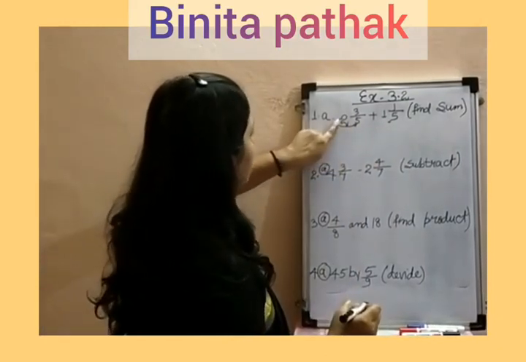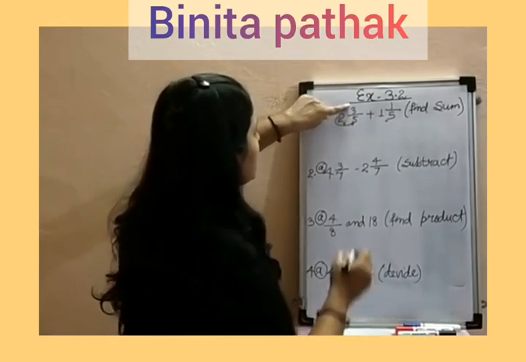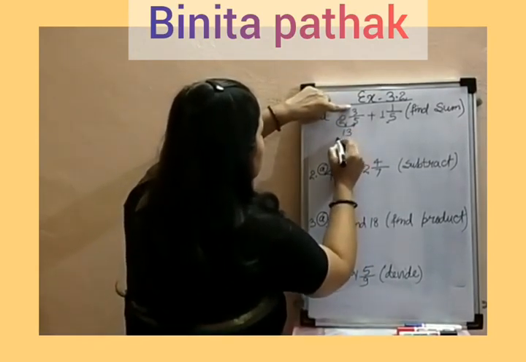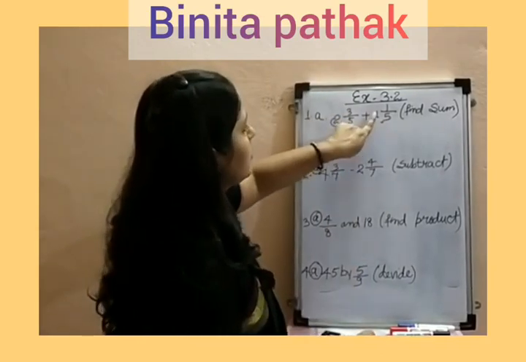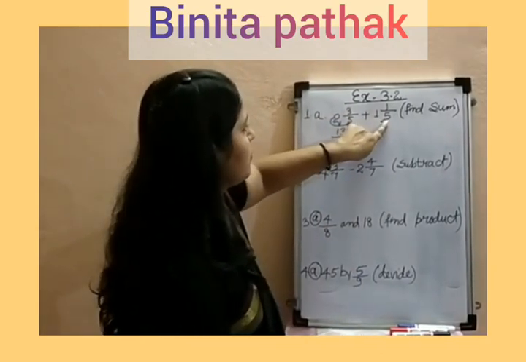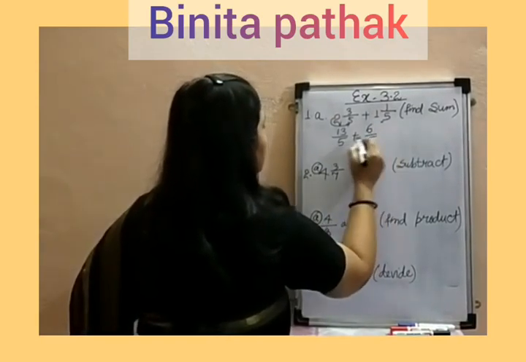5 2s are 10 and numerator will be added. 5 2s are 10 plus 3 equals 13 upon 5, plus 1 5s are 5, 5 plus 1 is 6 upon 5.